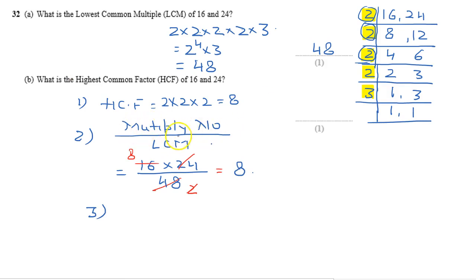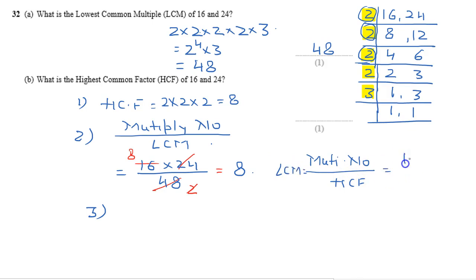By this method you can find LCM also. For example, if I know the HCF and I have to find the LCM, I multiply the numbers and divide by HCF. So that is the way to find LCM also.